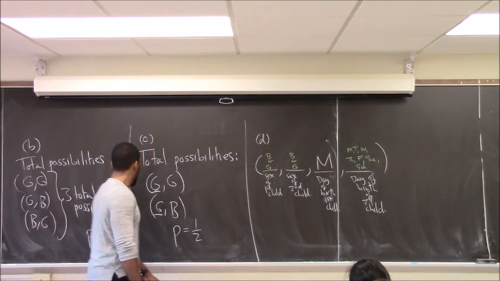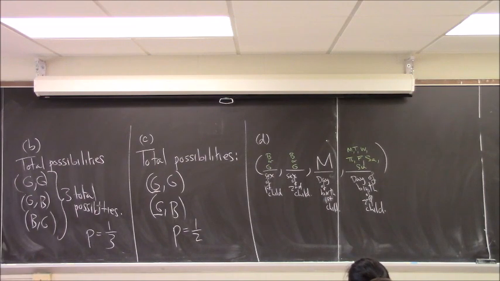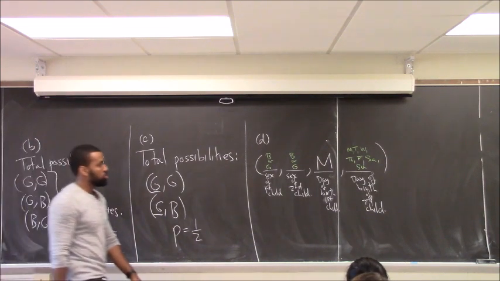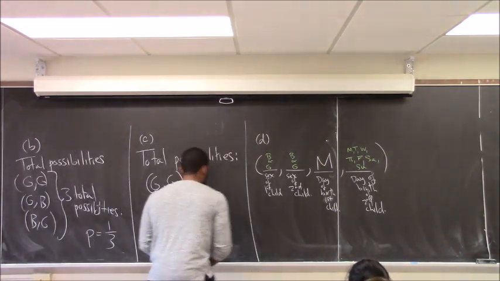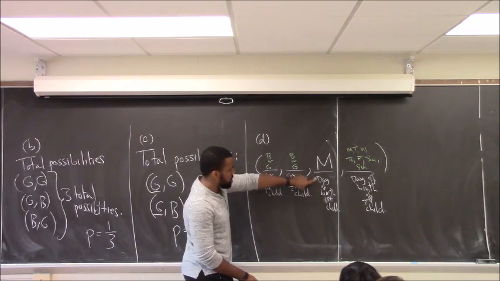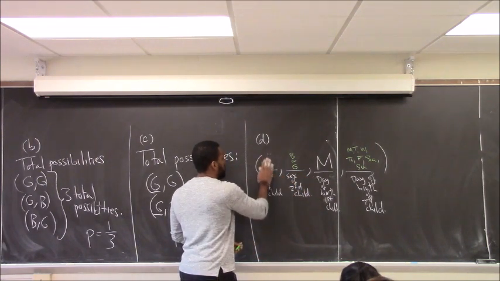What else were we told? Oh yeah, the first one's a girl. We don't know who was born on the Monday. So if we put a Monday here, this is the day of the first child, that means we're assuming there's a G here.